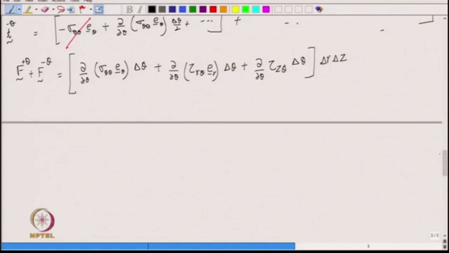So, the extra terms come because we also have to take the derivative of E theta and E r. Each of the first two terms give us two terms.